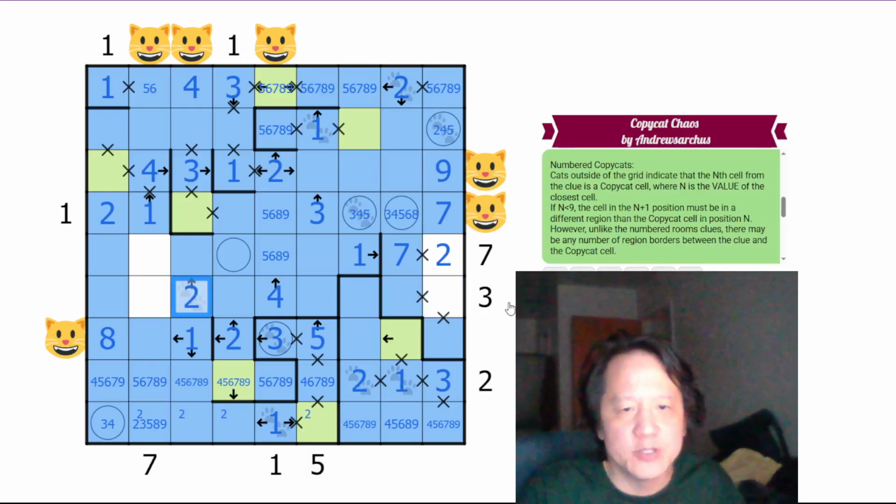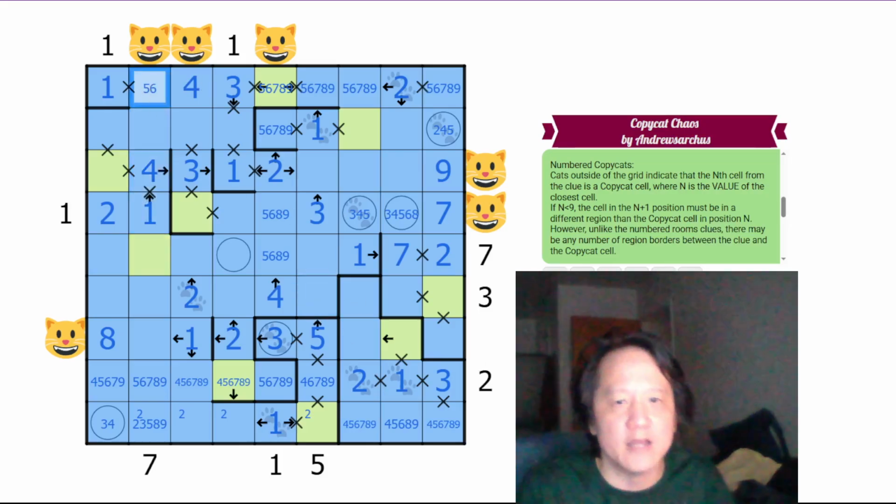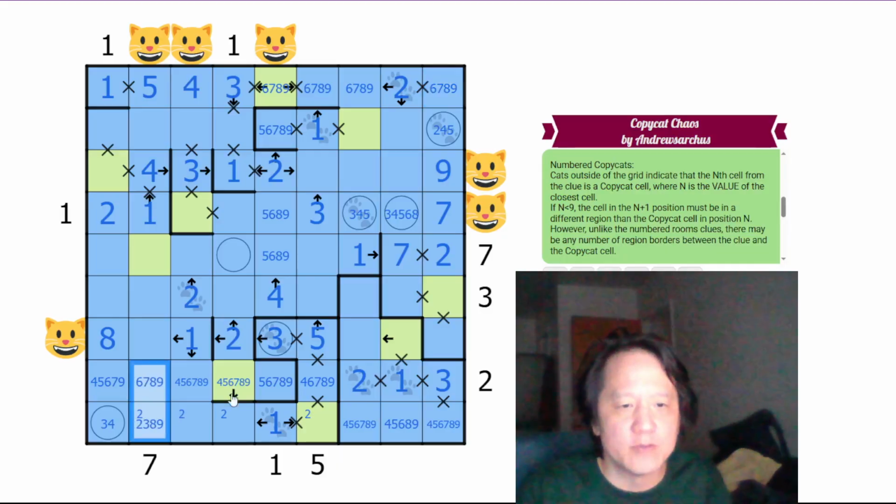And it cannot be 2 because of 2 in the row. So that means it must be a copycat. So this is a copycat, which means this is not a copycat here. No copycat here. That means copycat here. So this is 5. That eliminates 5 in the rest of the row and 5 in the rest of the column.